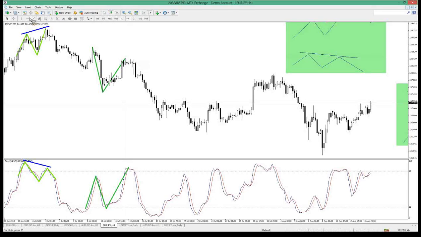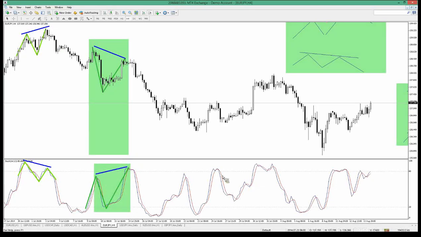So what we have is price making a lower high, but the indicator is making a higher high. And this is what we would call reverse divergence. Do you guys see the difference?